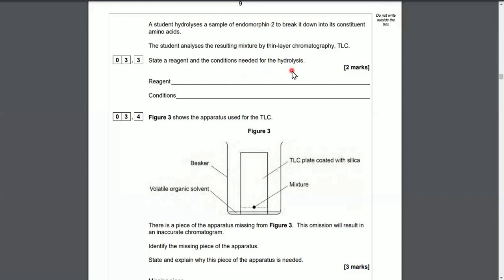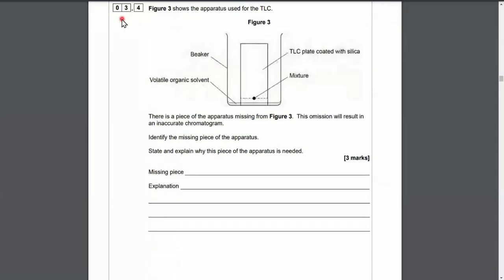If you're a biologist, you can say to use some form of protease, the enzyme that will hydrolyze those peptide bonds. But as a chemist, we're just going to go with hydrochloric acid and we need to warm it or heat it. Okay, so we're going to need to heat with hydrochloric acid.